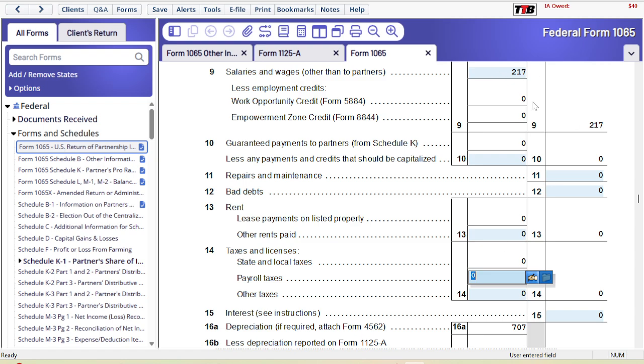This one is before tax, so that includes the employee portion of Social Security and Medicare. Here will be the employer portion of Social Security and Medicare, and unemployment tax that you, the business, paid to the unemployment service.